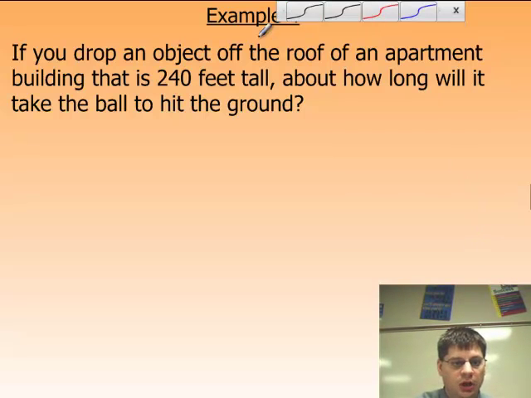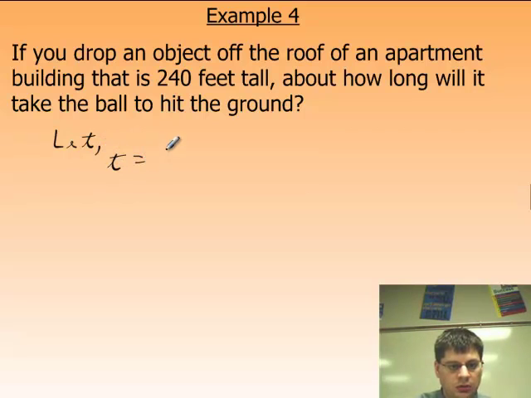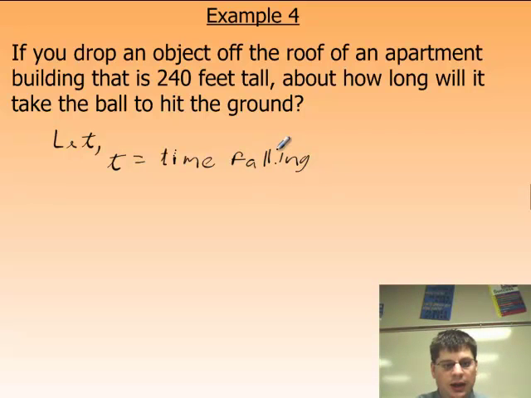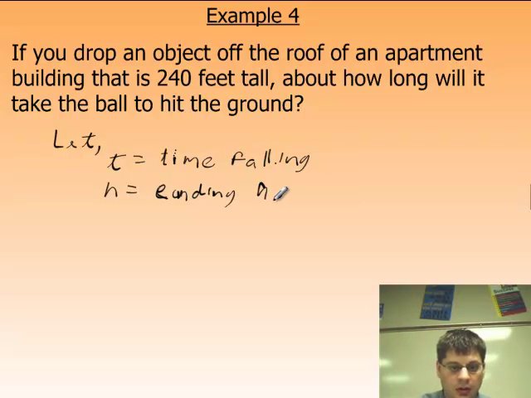So we'll start off by defining our variables, and I'm going to let t equal the time falling, and we will let h equal the ending height or final height, and h sub 0 is our initial height.